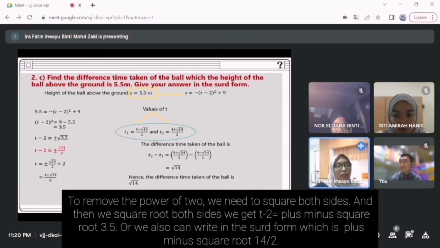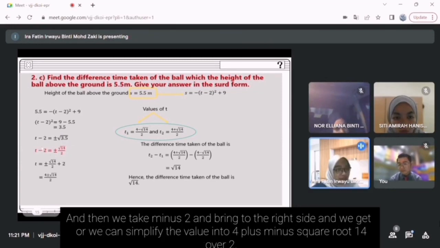To remove the power of 2, we square root both sides, and we get t minus 2 equal to plus minus square root 3.5, or we can also write it in surd form, which is plus minus square root 14 over 2.